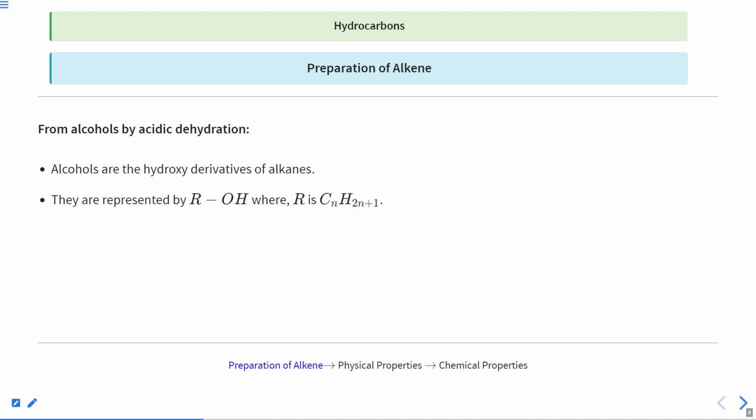So next is from alcohol by acidic dehydration. Dehydration means to dehydrate something. You must have heard this word, that dehydration means you are removing water. So we take alcohol and dehydrate it, meaning we remove H2O from it, and that results in the formation of alkene. If you don't remember, alcohol is the hydroxy derivative of alkane.